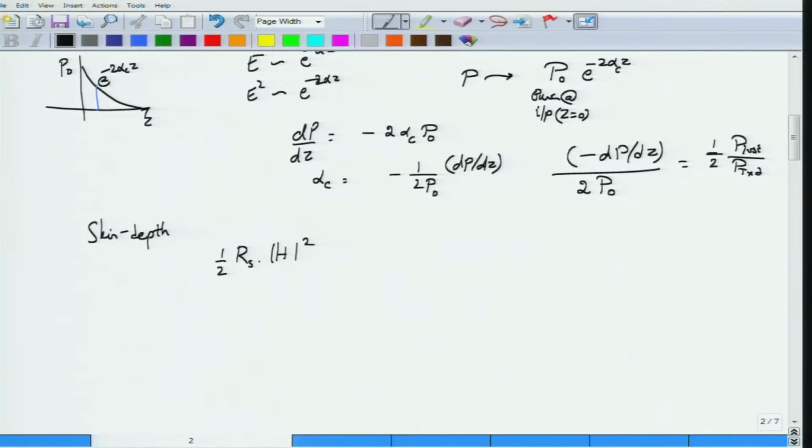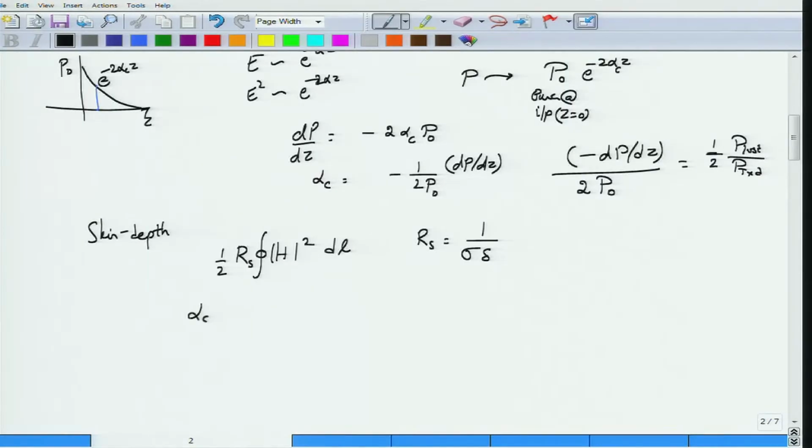And of course this is just the power density, the power per unit area. So if you want to calculate the total power loss, you need to appropriately integrate this over the length of the propagation, where Rs is the surface resistance that we had calculated, given by 1 by sigma delta.